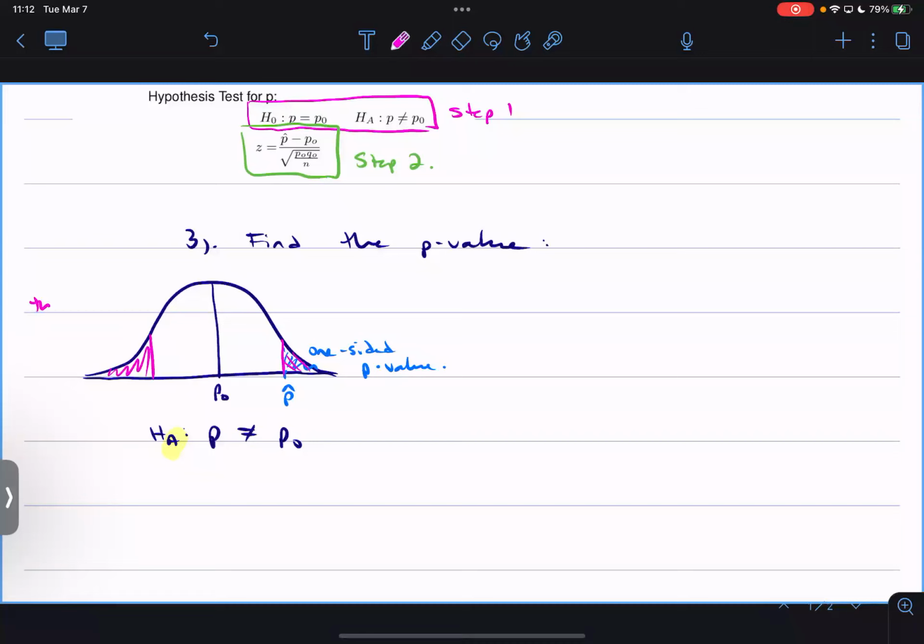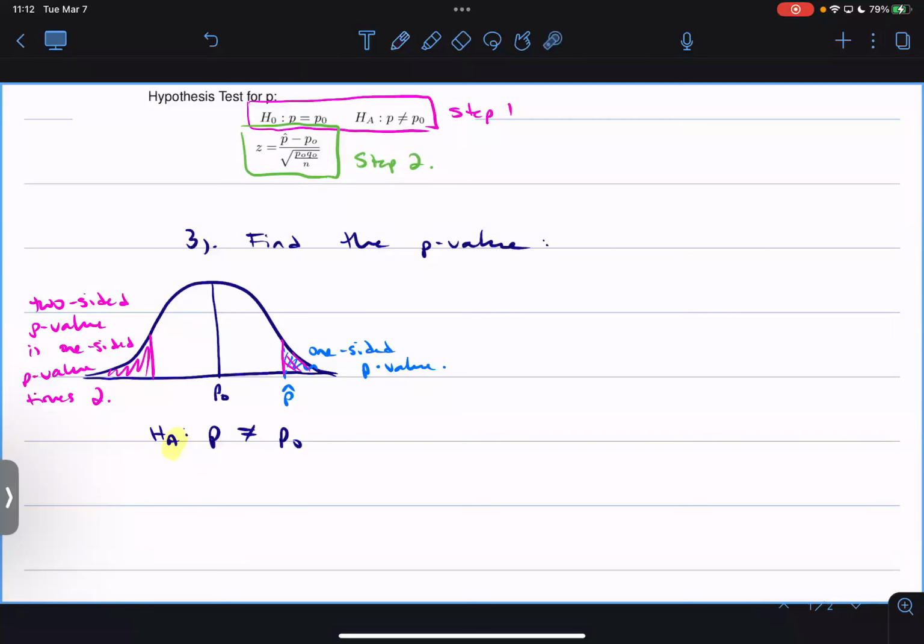So the two-sided p-value is the one-sided p-value times 2. You just pretend that it could have just as well happened on the other side as well.